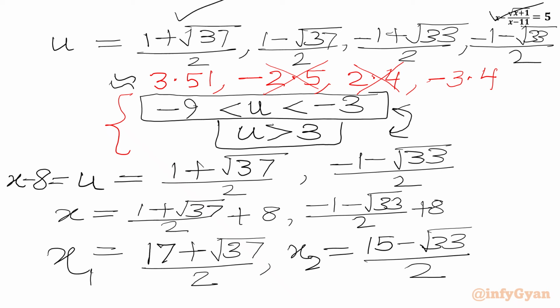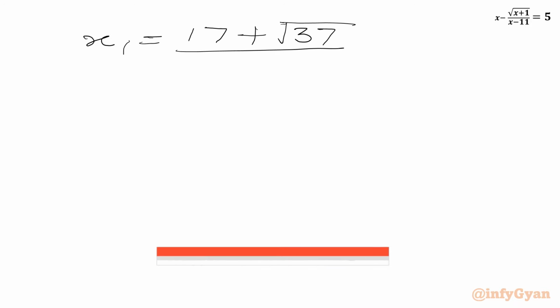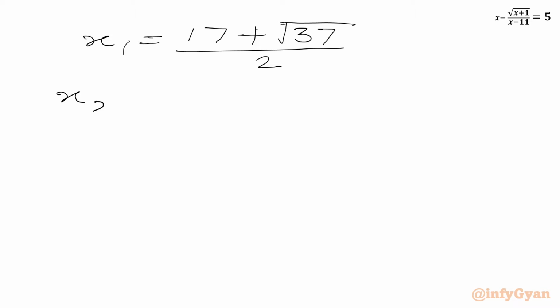So we have two real solutions. Let me write here x1 equal to (17 + √37)/2 and x2 equal to (15 − √33)/2.